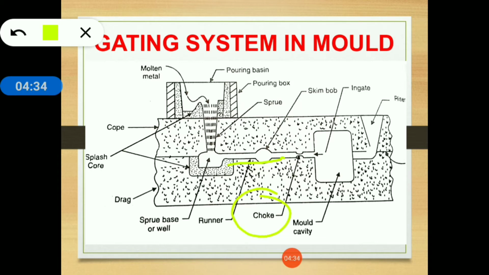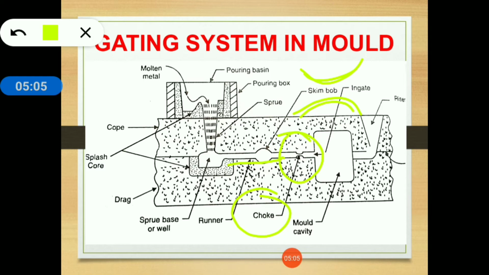Now, the choke is a reverse image, or reverse part, of the skim bob. The skim bob has a curvature shape on the outside, and this choke has a curvature shape inside like this. This is the choke. Due to this type of arrangement, it has a very small cross section area.